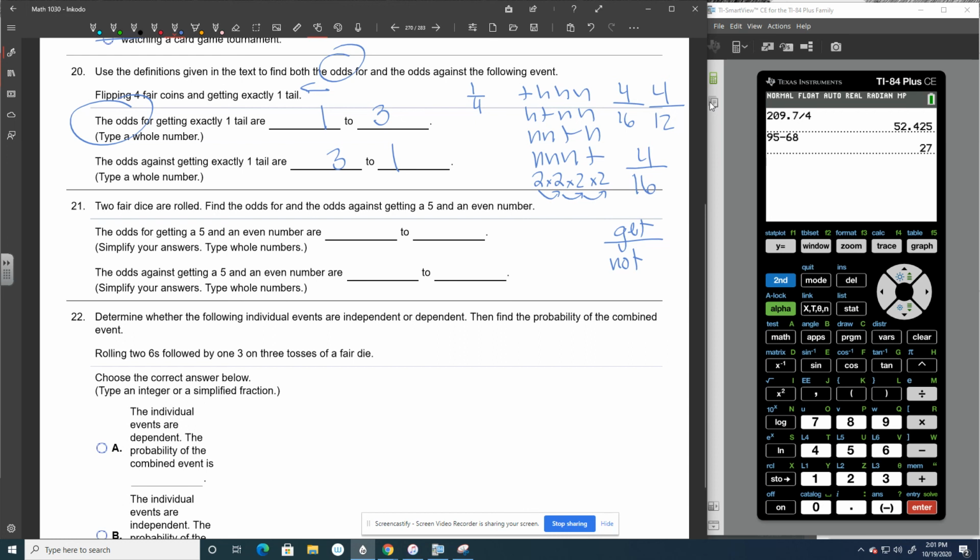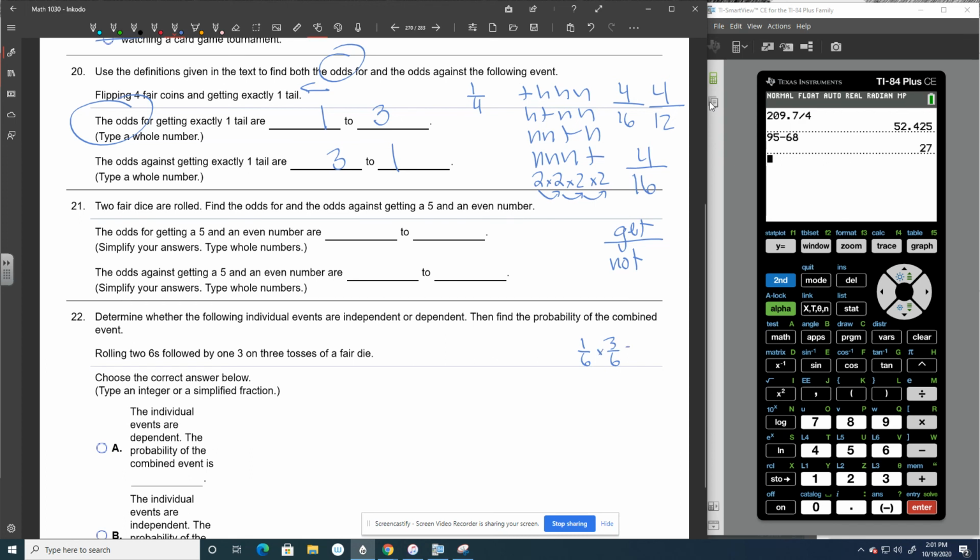So in this one, 2 fair dice are rolled. Find the odds for and the odds against getting a 5 and an even number. Okay, well, my chances of getting a 5, I've got 1 out of 6 chances of getting a 5. And I've got 3 out of 6 chances of getting an even.